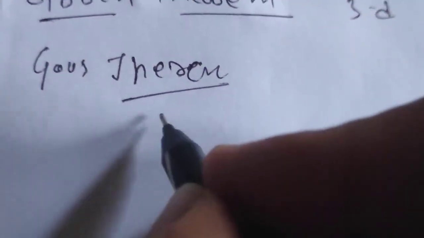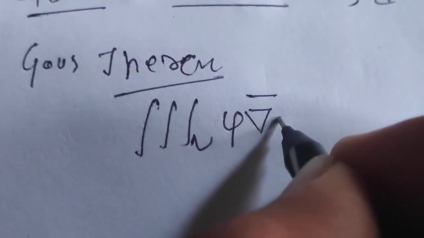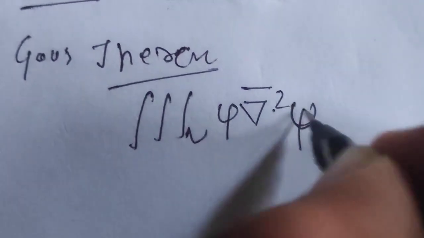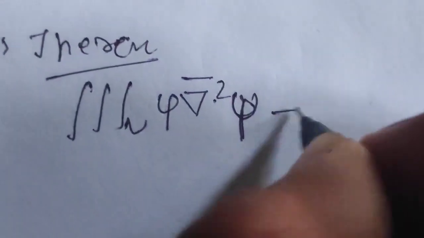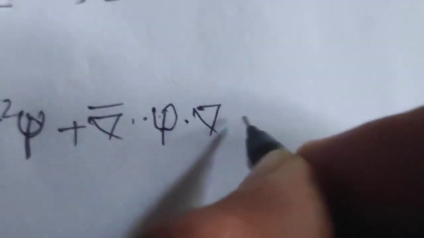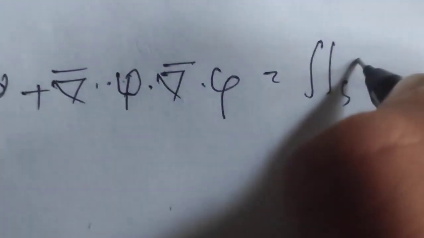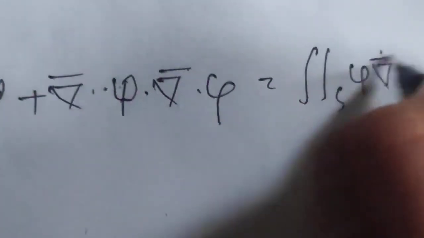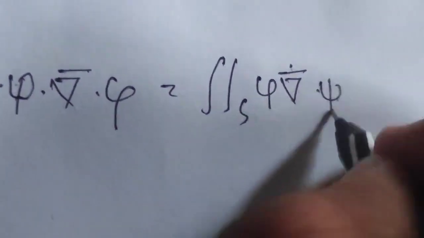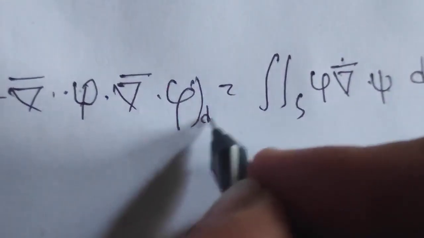It says how we can convert the volume integral of phi square psi plus divergence phi into divergence psi, which is equal to the surface integration of phi divergence psi into ds, or here it is dv.